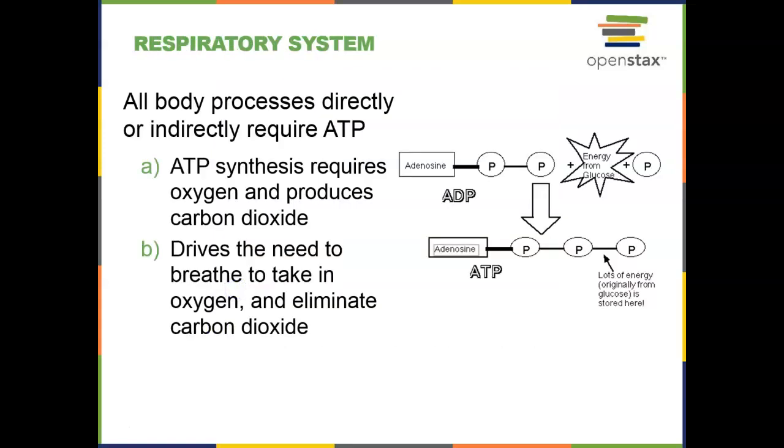So what is really the major function of the respiratory system? Well, the body needs energy. We need ATP. Every metabolic reaction occurs associated with some ATP. ATP synthesis requires oxygen and it produces carbon dioxide. That is cellular respiration.